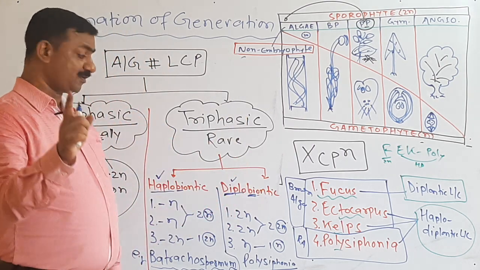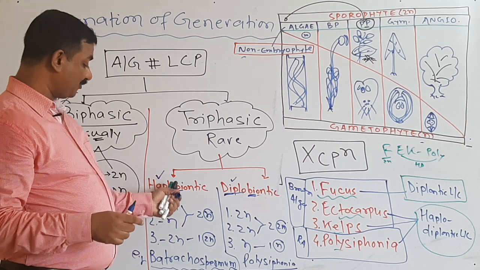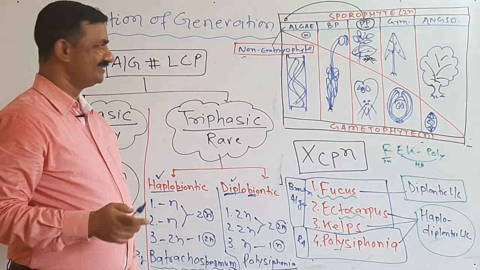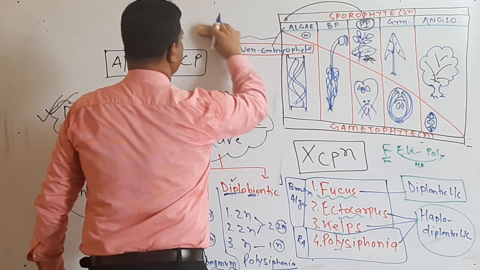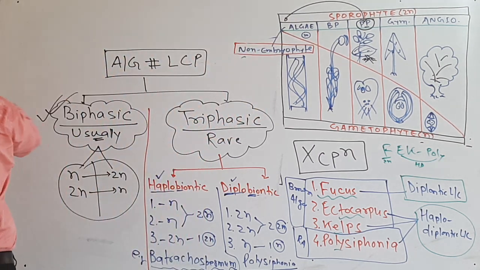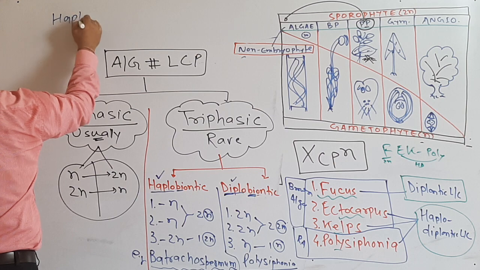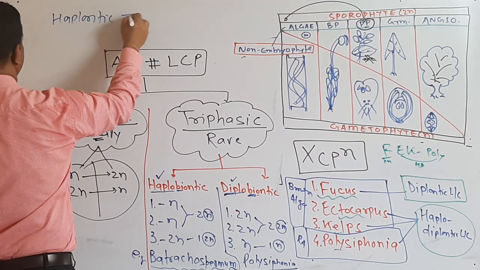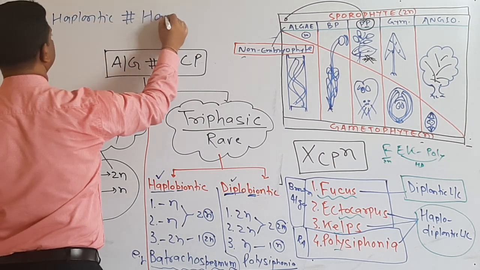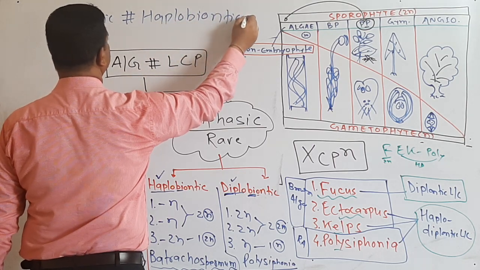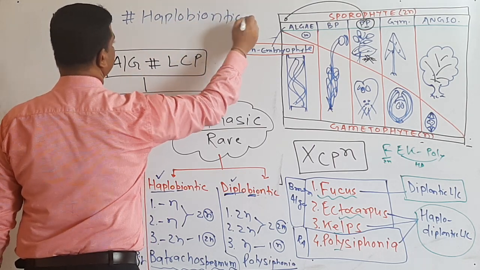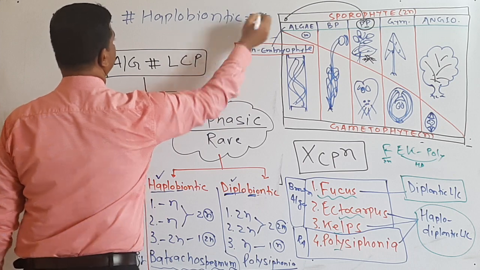Don't confuse haplobiontic with haplontic. Remember what you have to distinguish again: we have haplontic and we have haplobiontic. These are different, not the same.